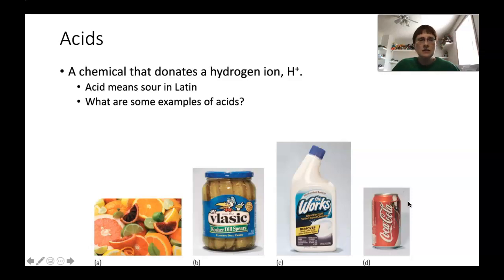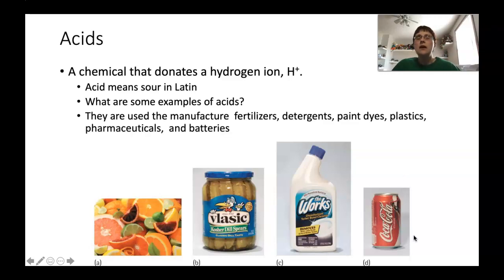There are lots and lots of different acids. A lot of them do have the name acid in their name. For example, the one found in these guys down here is citric acid. They are incredibly useful, used in all kinds of different materials.